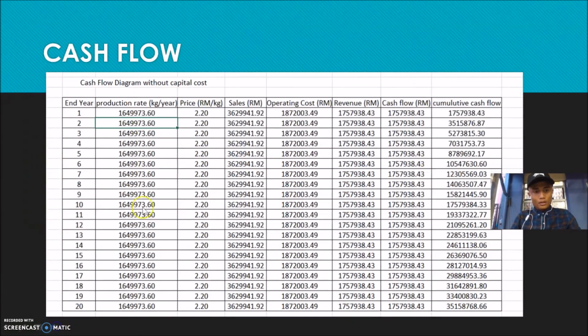Next, this is our cash flow. As you can see, we don't have any money loss, and it creates a lot of cash flow throughout the years until year 20. And this is the cash flow without capital cost.